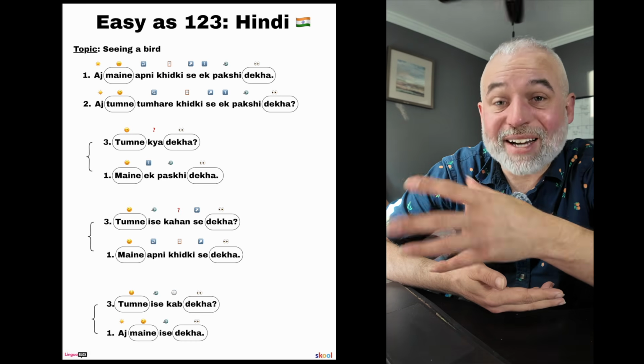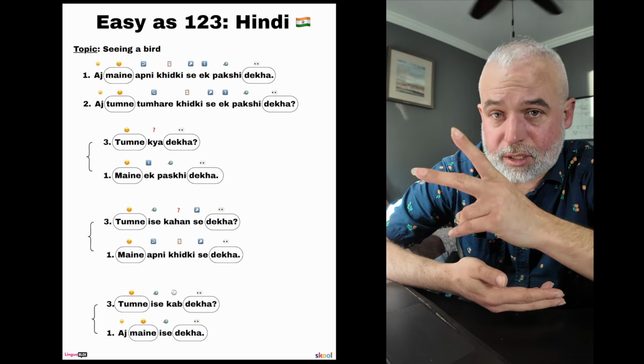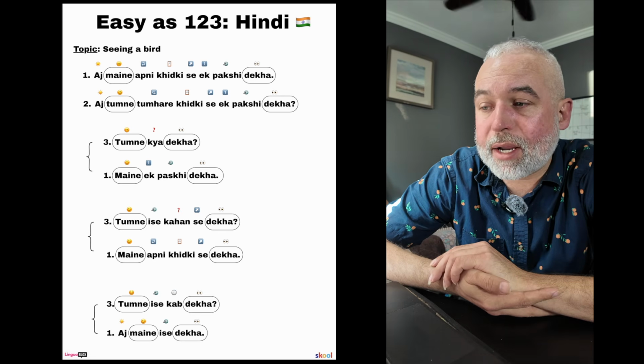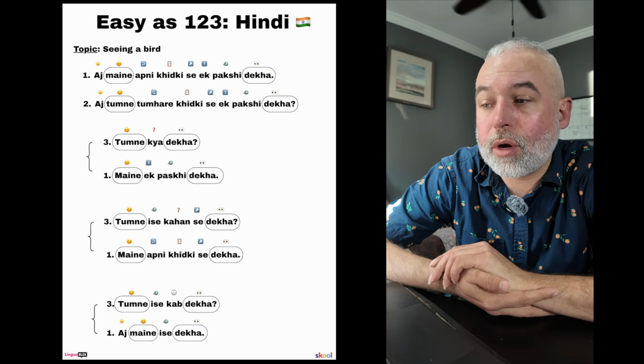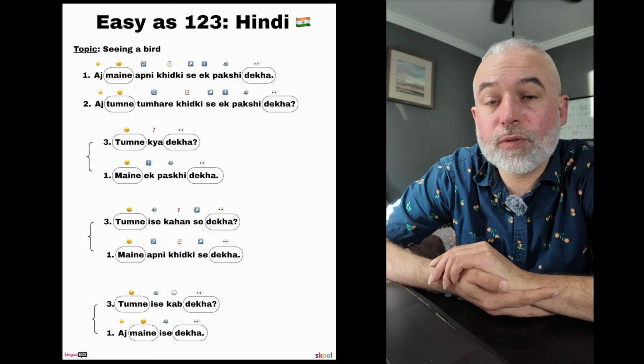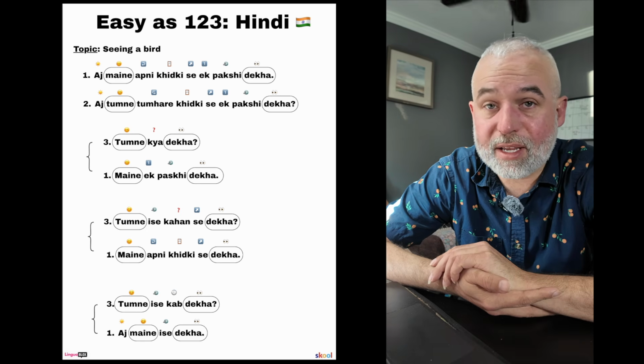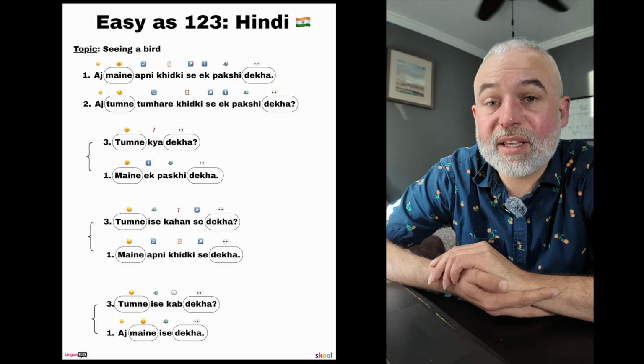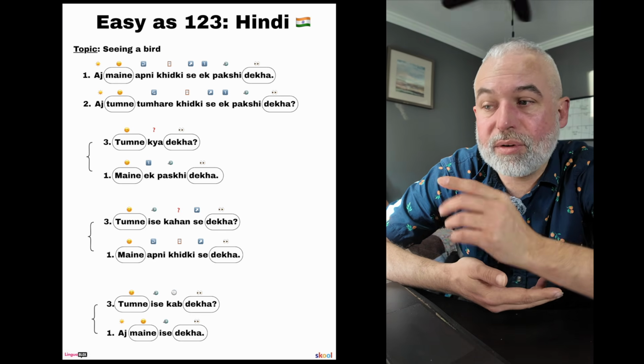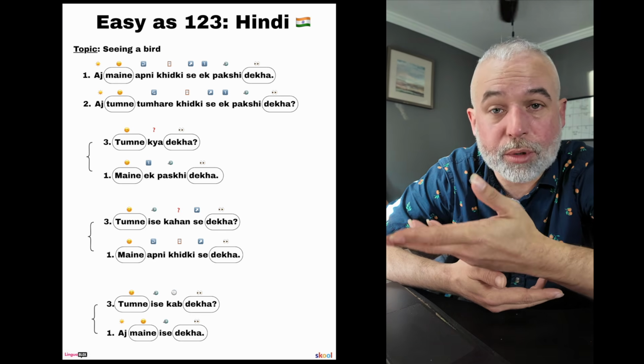Likewise, I could practice responding to this question. The second set of brackets there says, oh, and you saw it where from? No, you, it, where from saw. Okay, that's the word order. Tumne ise kahan se dekha. Okay, ise is it, right? So you, it, but it refers back to the bird.